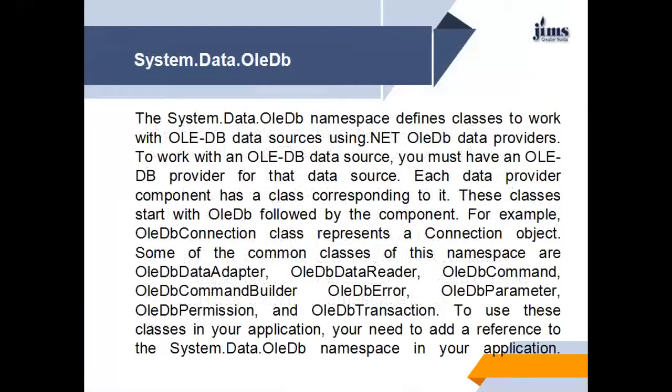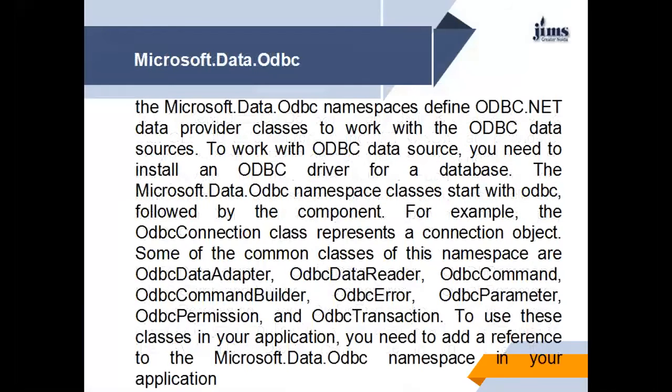Some of the common classes of the namespace are OLEDB data adapter, OLEDB data reader, OLEDB command, OLEDB command builder, OLEDB error, OLEDB parameter, OLEDB permission, and OLEDB transaction. To use these classes in your application, you need to add a reference to system.data.oledb in your application.